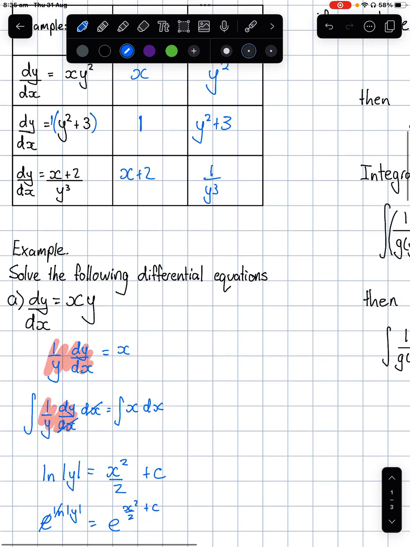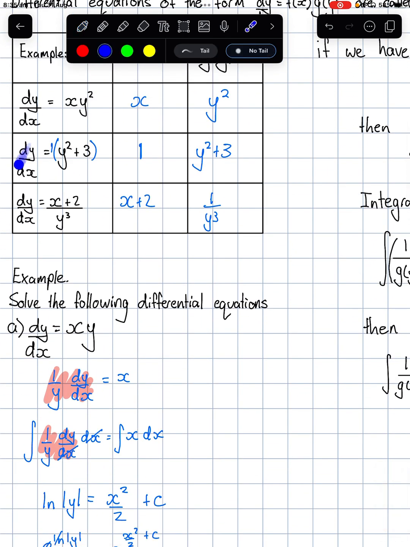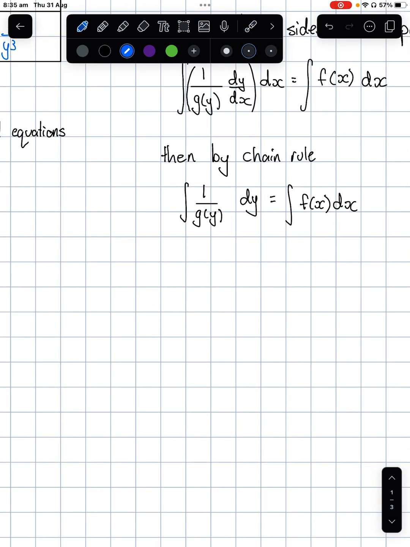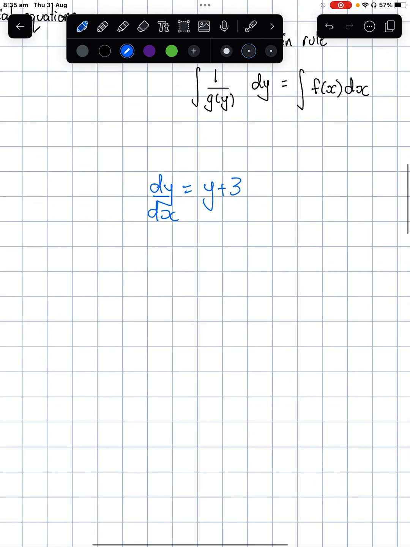Now, I'm just going to quickly come back up to this example here because there was a specific bit to it that I wanted to point out. Now, we had dy/dx equals y plus 3, and I told you can't just take y. The issue with this would become that we would end up with negative y plus dy/dx equals 3.